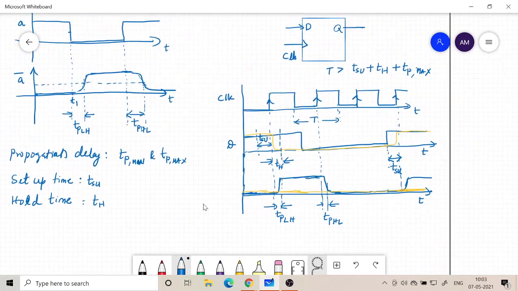The input of the combinational circuit is taken from the output of the flip-flop, and the combinational circuit will have many gates or multiplexers, like what we have seen yesterday, and it will also have some propagation delay. When it passes through all this propagation delay, only then will it be available for the input D. So the amount of delay that it has to go through should also be added to the condition.